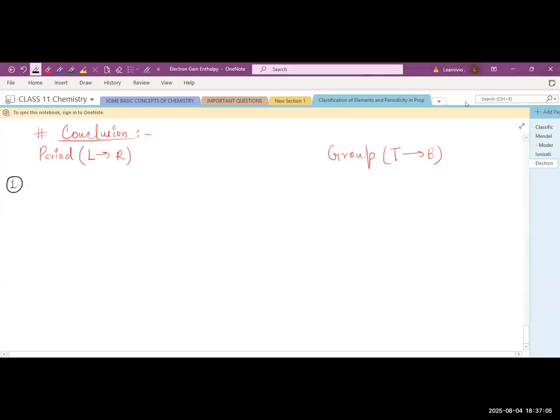First property. I will ask you about this property because I have already discussed it. Let's see whether you remember it or have revised. So in a period, tell me the trend of Z effective, whether it will increase or decrease. Yes, Aisha, tell me.